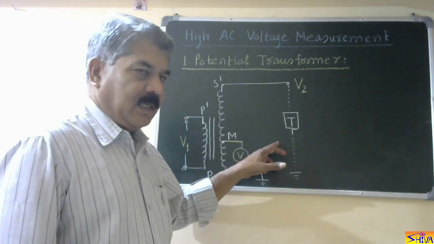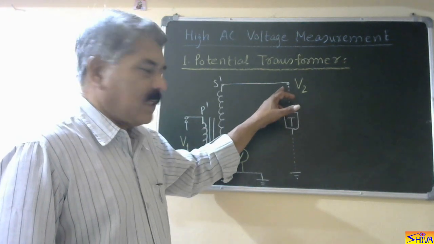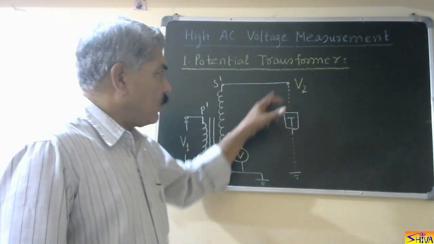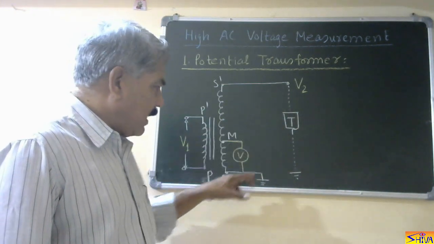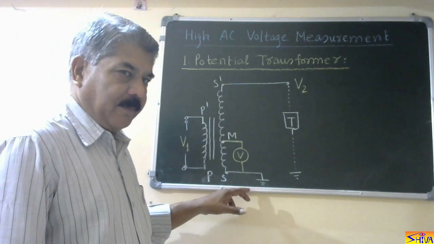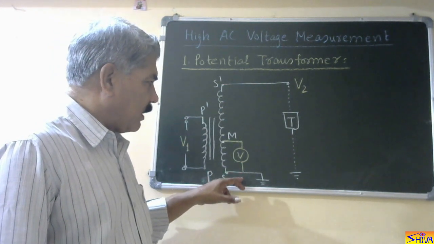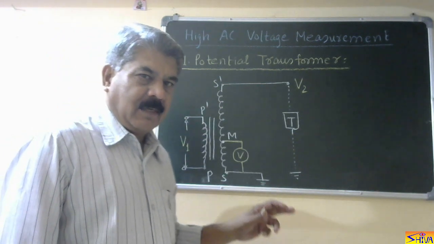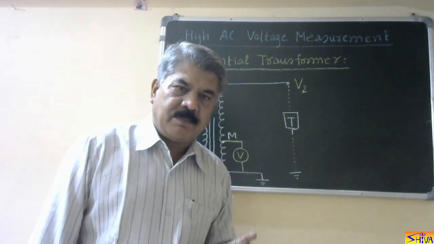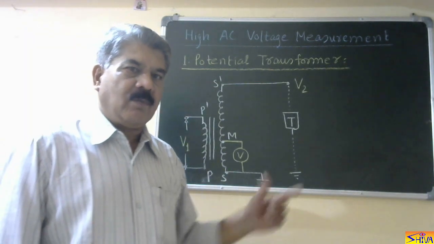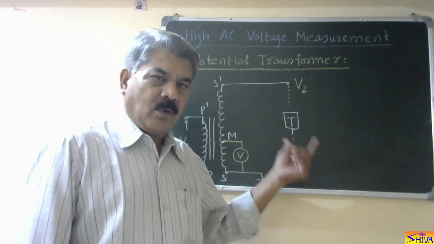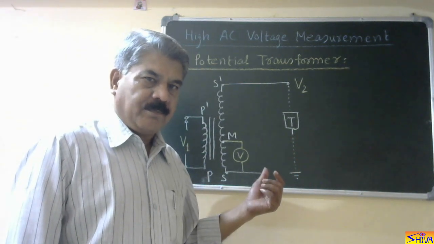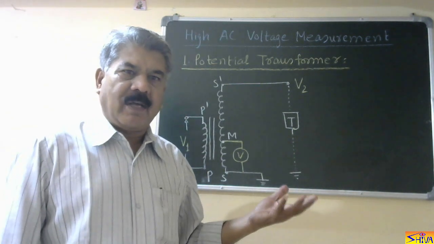As they are capacitive in nature, the actual voltage appearing here will increase due to the presence of this capacitance. So here voltage will be different than the voltage induced in this winding, and this meter is calibrated according to the voltage induced in this winding. So there will be error in measurement. Therefore, this method is not used when we are testing electrical equipments for high voltage. Otherwise, we don't require any other method.